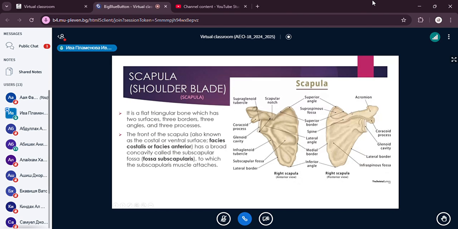One upper and smaller part is called the fossa above the spine, fossa supraspinata. Below the spine is the other fossa, which is bigger and is called fossa infraspinata. Fossa supraspinata, fossa infraspinata, and between them is spina scapulae.